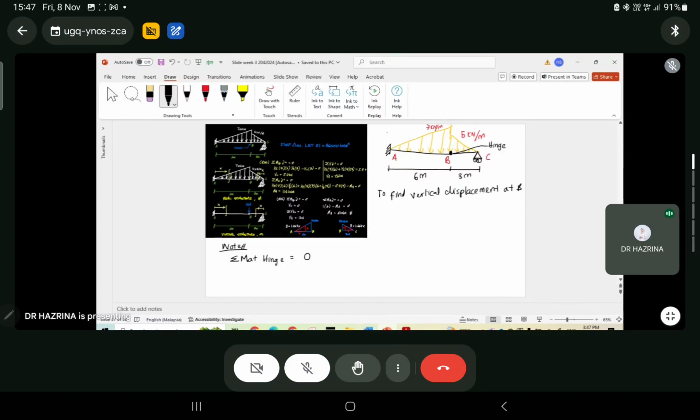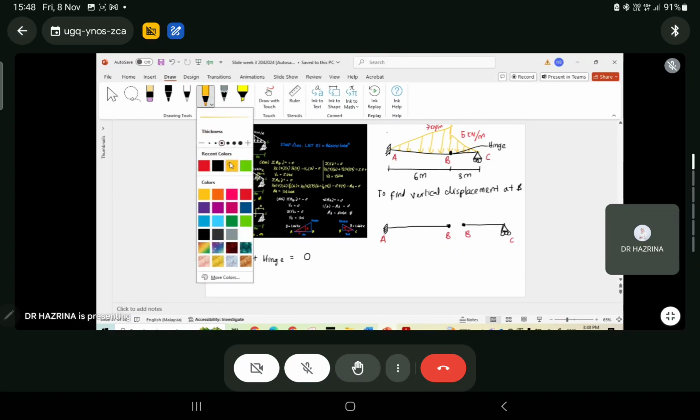Because if you have a hinge here, and then you have beam B, and then we separate it, here the reactions. Basically you have A here, you have B, and then you have B, you have C. If you separate it, here it must be in equilibrium, meaning the forces must be 0. What does it mean?